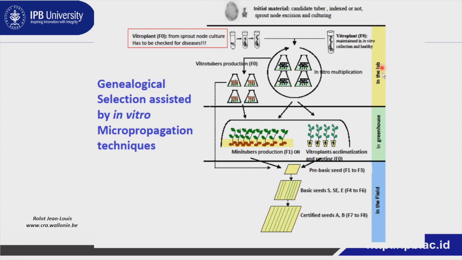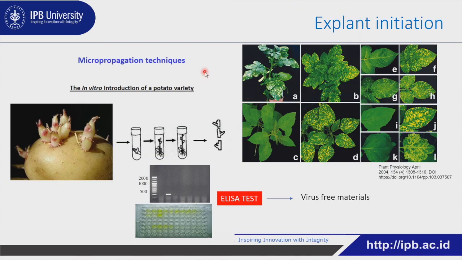Yeah, so this is the scheme for making a potato seed, and maybe I can continue also to this. So the use of in vitro is not only to produce the plantlet using nodal cutting, but before that, in vitro is very interesting in potato because it can also eliminate the viral disease that is a very big problem in potato production.